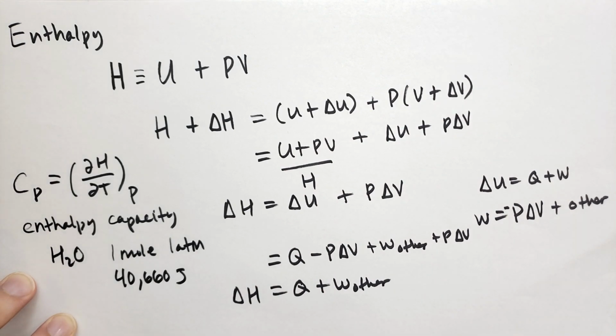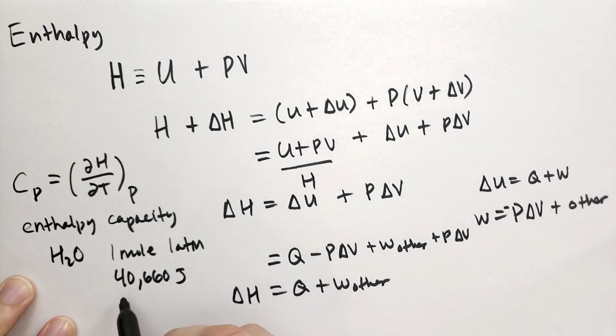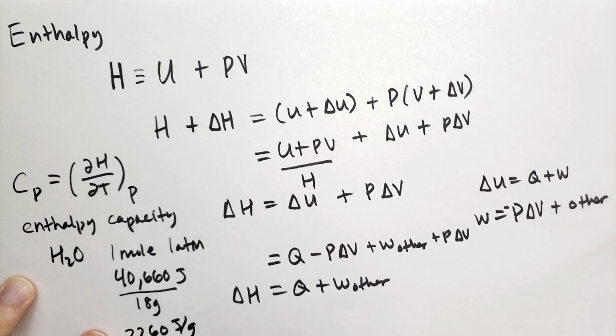Okay, since a mole of water is about 18 grams, 16 grams of oxygen, 2 grams of hydrogen, this means that the change in enthalpy when you boil 1 gram of water should be 40,660 joules divided by 18 grams. And that gives you the 2260 joules per gram that you had earlier.